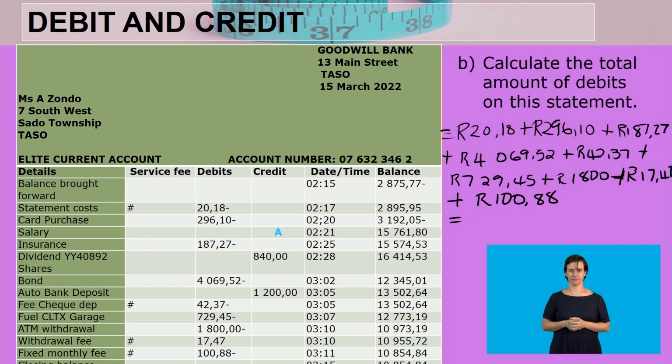So if you add all those values together, you are going to have a total amount of 20 rand 18 cents, 296 10 cents, 187 27 cents plus 4,069.52 plus 42 rand 37 plus 729.45 plus 1,800 plus 17 rand 47, and lastly 100 rand and 88 cents.